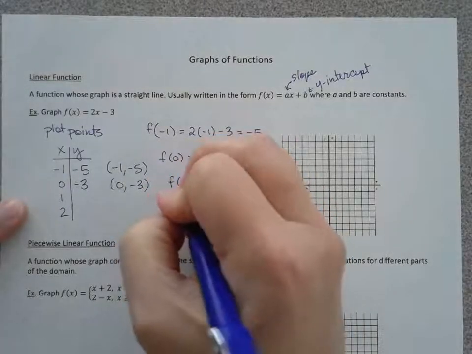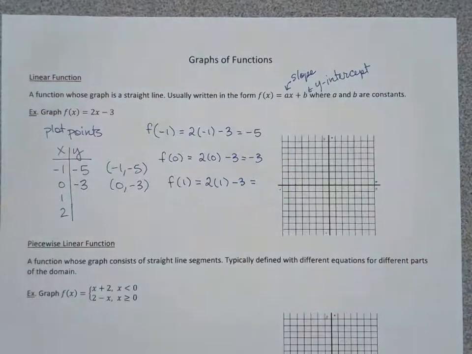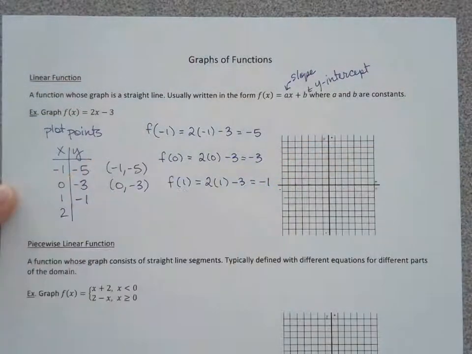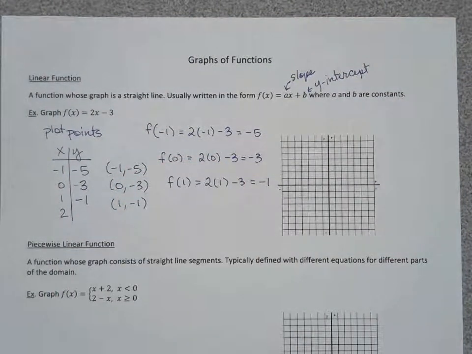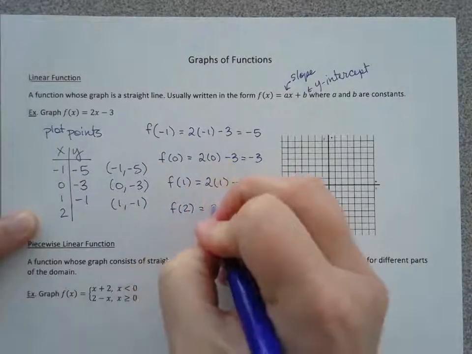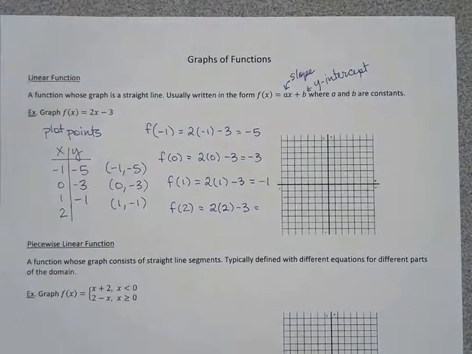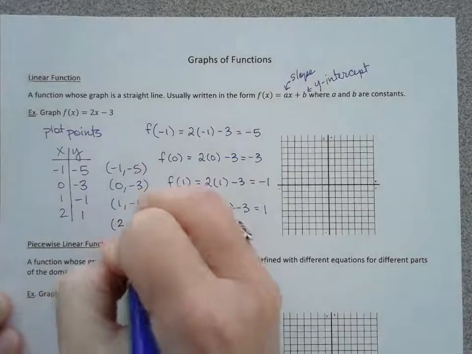So we're going to evaluate the function at 1. 2 times 1 minus 3 is 2 minus 3, which is -1. And so we have the point 1, -1. And then 2, when we substitute that value in, 2 times 2 minus 3 is 4 minus 3, which is 1. So we have the point 2, 1.